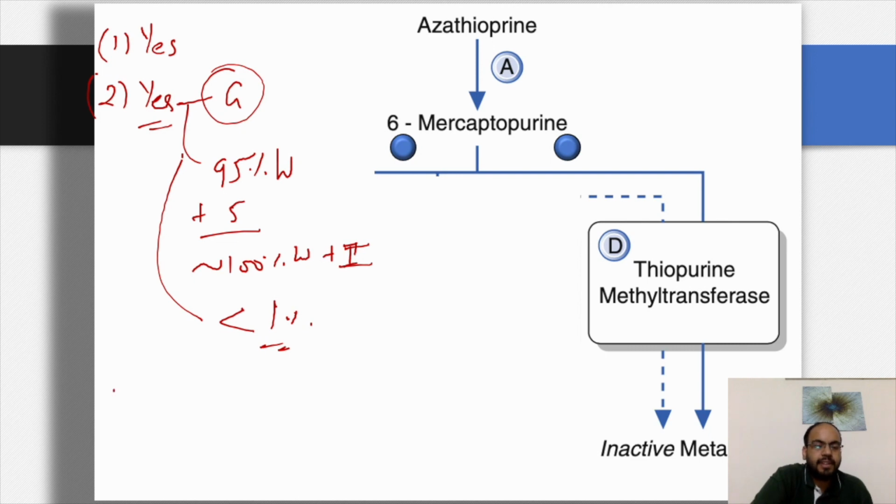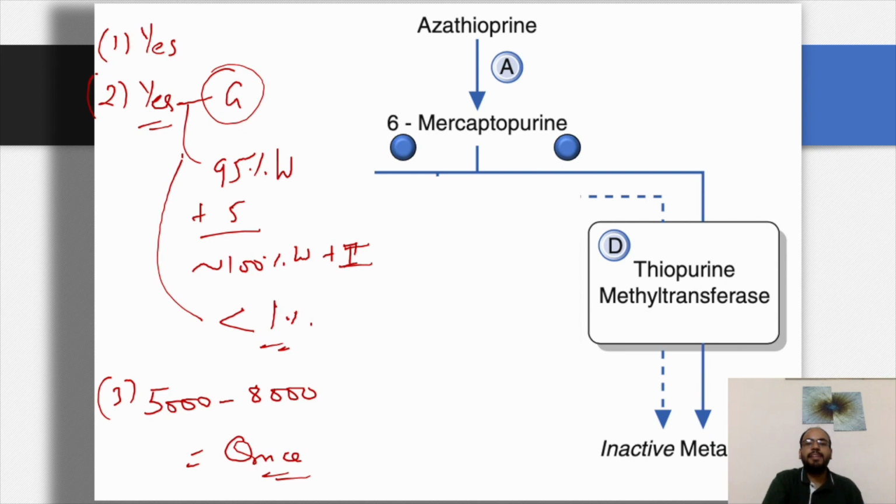Other point that is asked in Viva is, what is the cost? Cost range is around, as of 2022 to 2023, around 5,000 to 8,000, and you need to get it done only once. There's no point in repeating this test. It doesn't have that value. You need to do it before starting azathioprine.